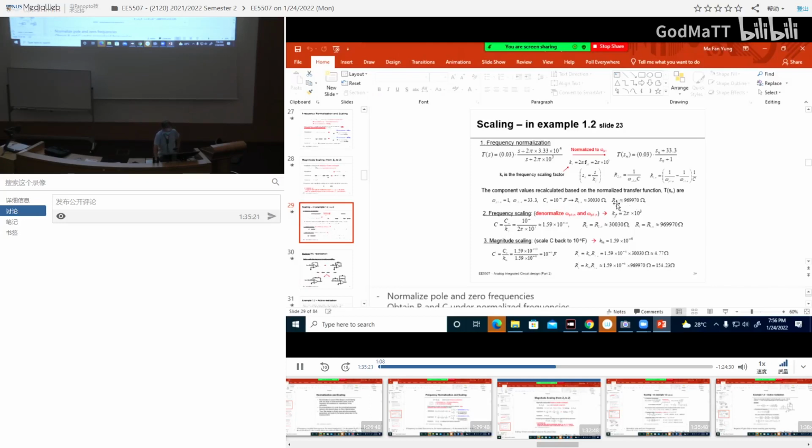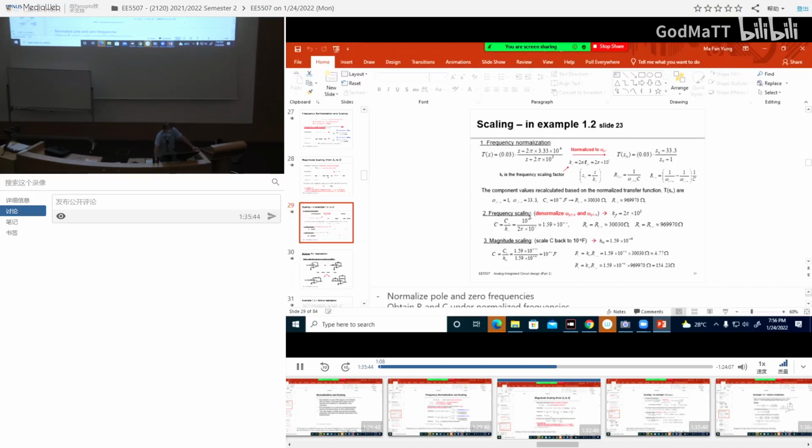So here you can see that resistor 1 normalized is how much? 969,000, almost 970,000 ohms or 970K, whereas R2 normalized is about 30K ohms.